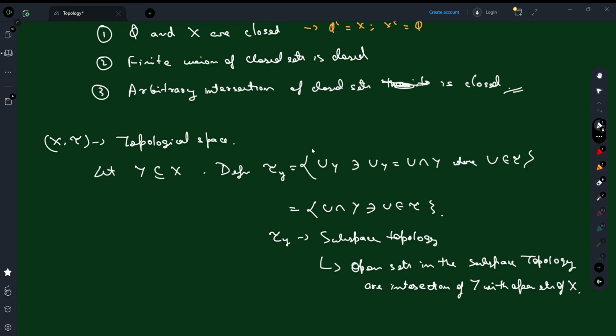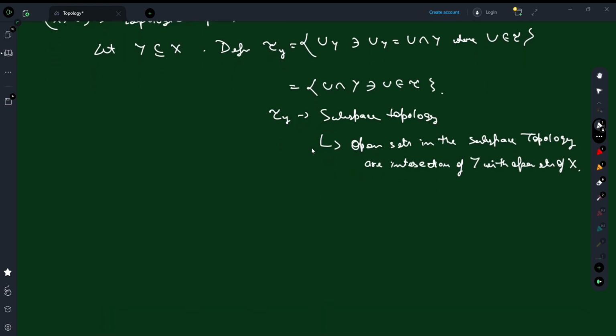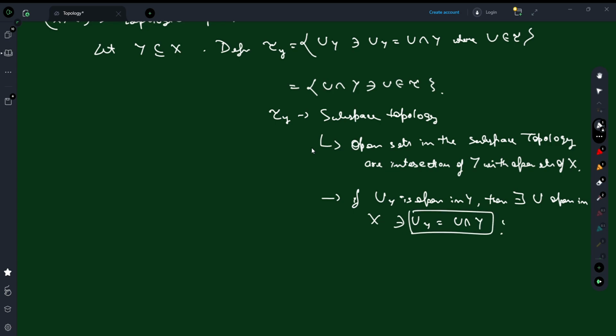Clear? So one more way of putting this is that if U_Y is open in Y, then there exists U open in X such that U_Y is written as U intersection Y. So this is, I guess, more mathematically important.